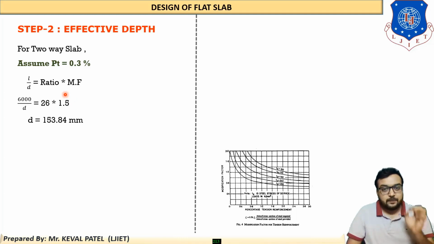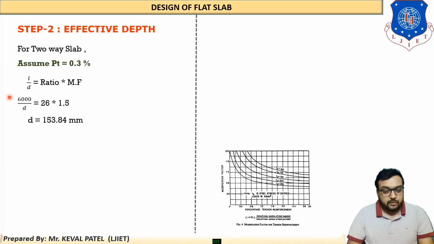But one major change in the design of flat slab is the value of L. Students, whenever you design a one-way slab or two-way slab, you have to take the smaller value, which means Lx. But why in the design of flat slab do we have to take the larger value?